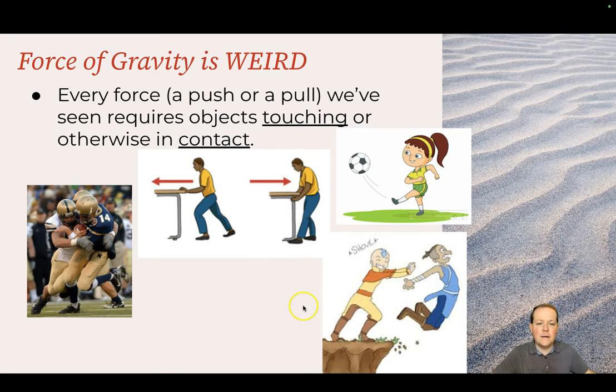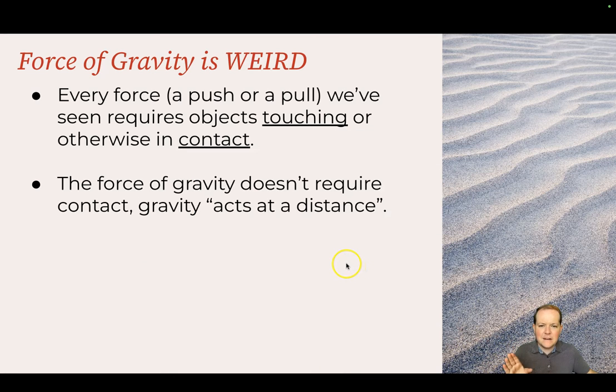All of these examples that we saw, whether it was normal force or tension force, deals with one thing hitting another, one thing contacting or pushing on or touching something else. But gravity doesn't require this contact. That's a bit odd. We say that gravity acts at a distance.